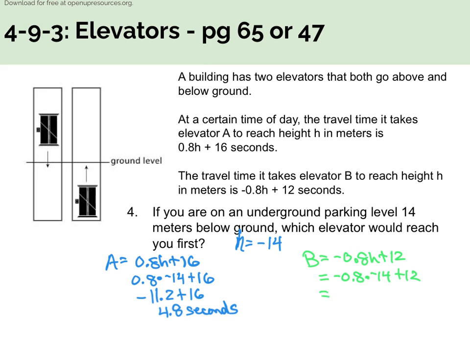That is going to be a positive 11.2, and then plus 12. And then let's add 12 to that. And so it will take 23.2 seconds for elevator B to go 14 meters below ground. So which one's going to reach you first? That will be elevator A.